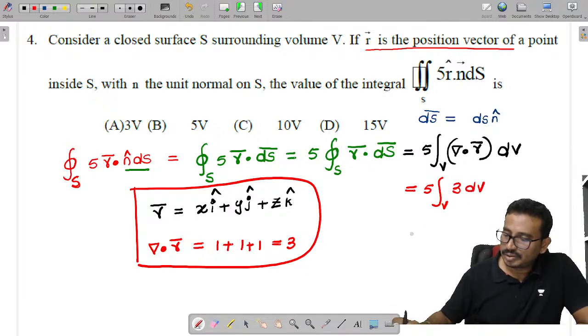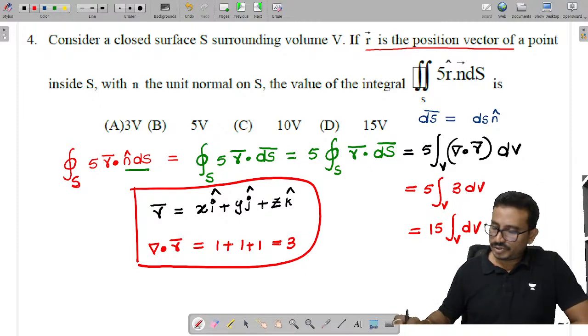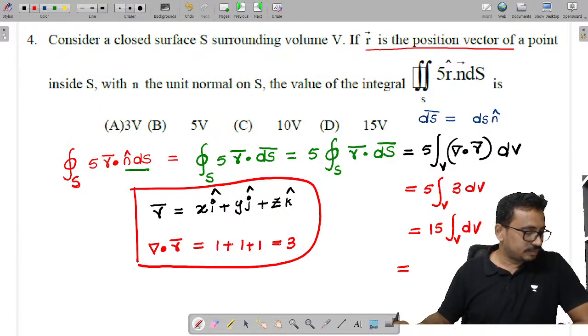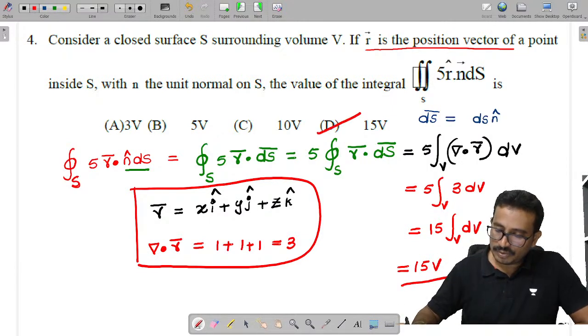So this is 15 into the volume integration of dv. The integral of dv we can call as v. So the answer is 15v. What's the option? D.